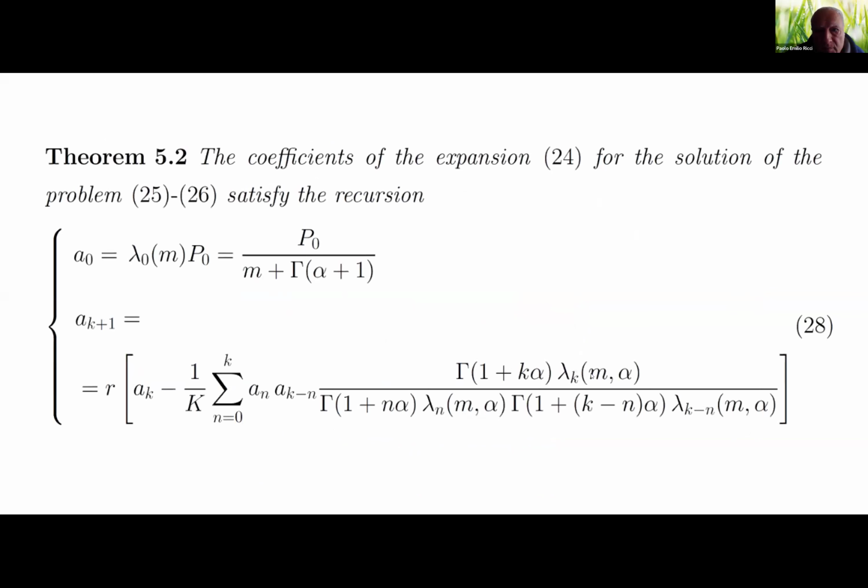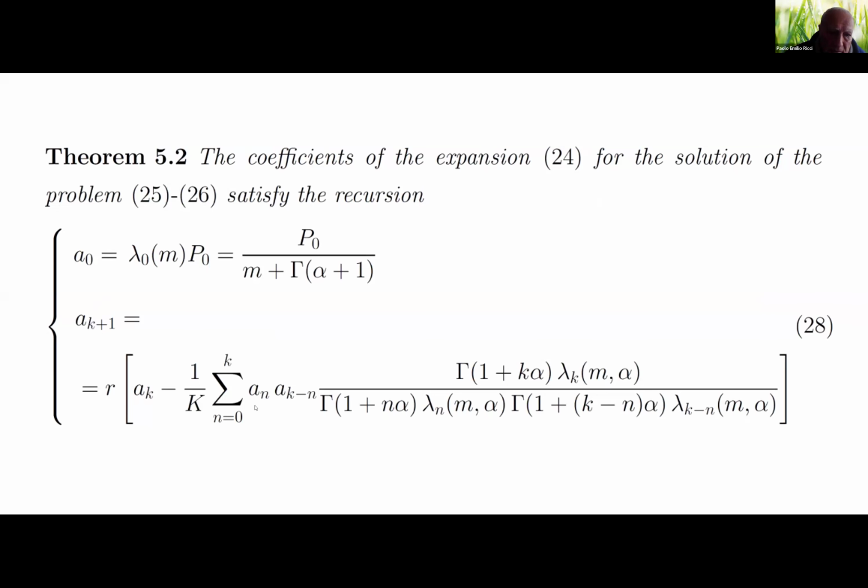The coefficients of the expansion for the solution satisfy this recursion. So this is so big that we put it into lines, but you have an initial value, and a_{k+1} is r times a_k.